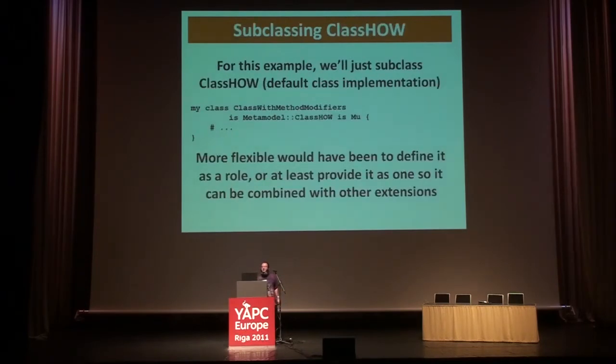So now we need to customize the way that the Perl 6 class works. Well, what we'll do in this example is we'll just go and write a class how with method modifiers. We'll inherit from meta model class how. So the meta model namespace contains all of these various things I discussed. Now, at the moment, these exist outside of the type hierarchy because they're defining it.